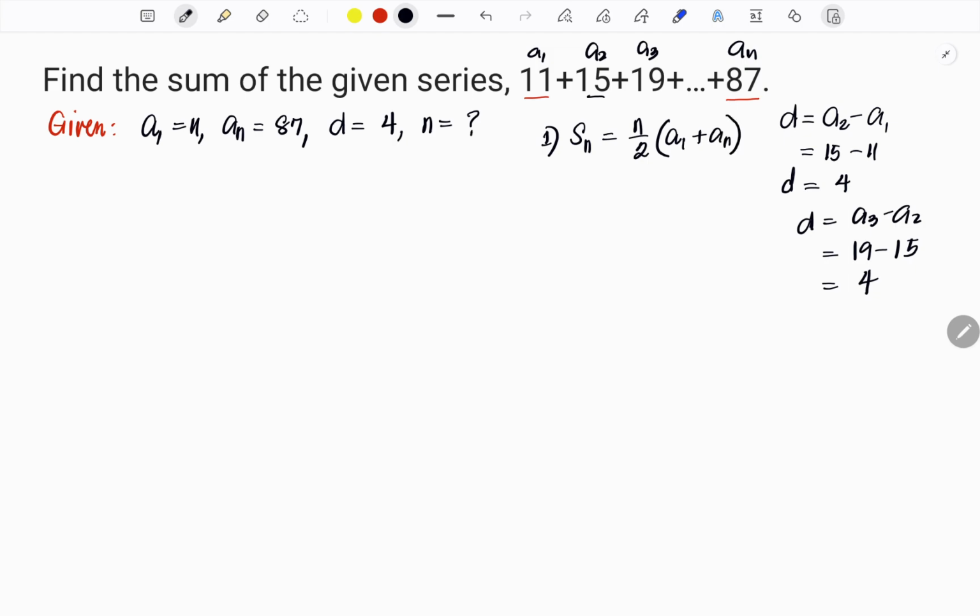To solve for the sum of the terms in an arithmetic sequence, we need to have a sub 1 and a sub n, which is 87. However, notice that we don't have the value for n. That is why I said earlier that we need to solve first for n.